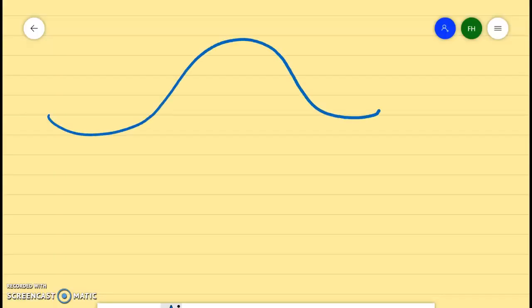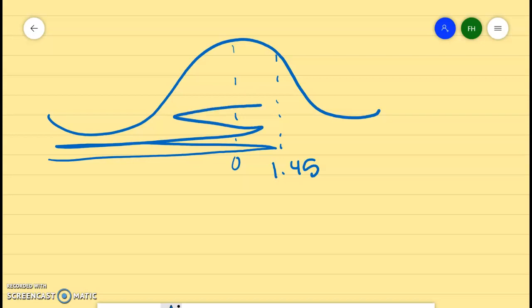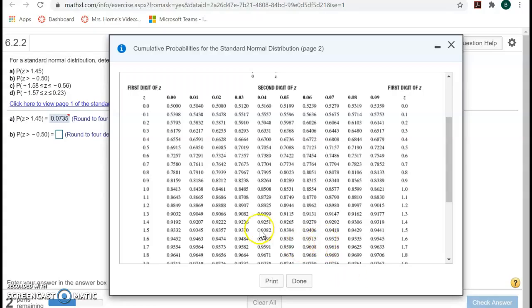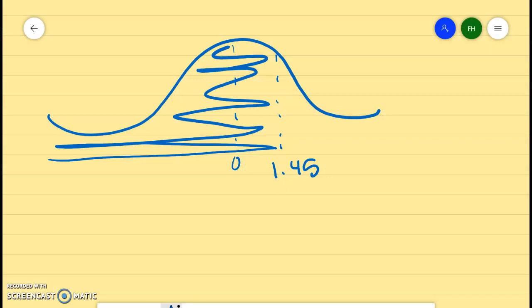So draw your picture. Here's 0, and 1.45 would be somewhere over here. The less than side, all of this right here, is 0.9265.